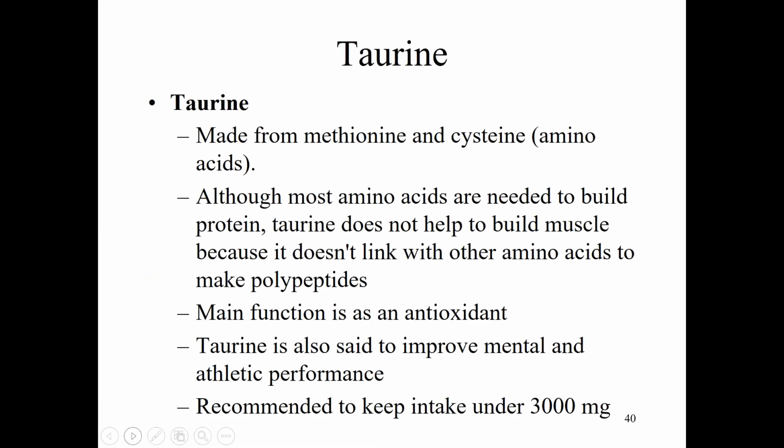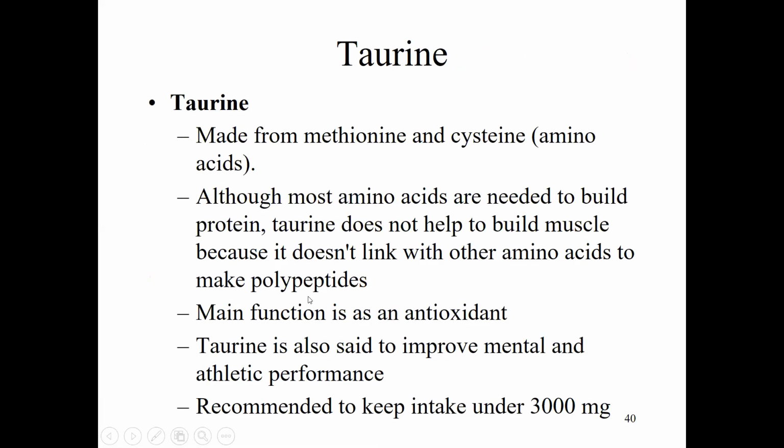Taurine, you might have seen in energy drinks. It's also made from two amino acids, methionine and cysteine. We usually use amino acids to build protein. Taurine does not do that. It's not part of building up muscle because it doesn't link with other amino acids and polypeptides, which are just amino acid chains.